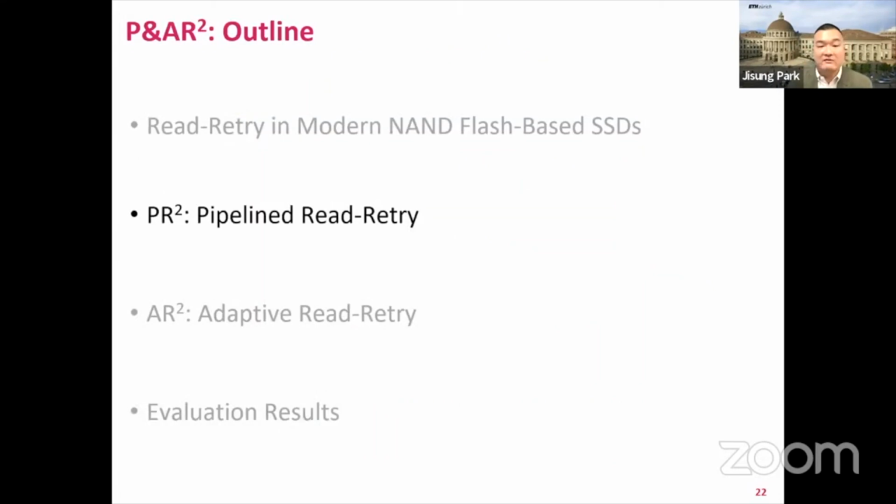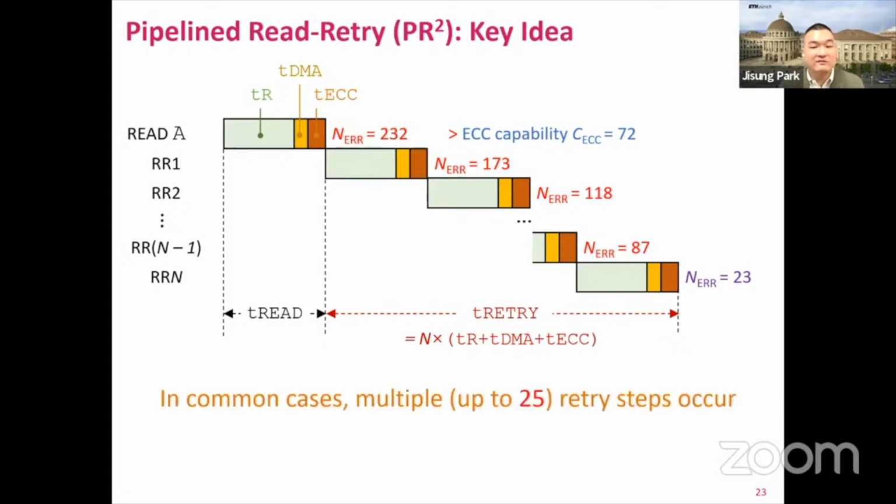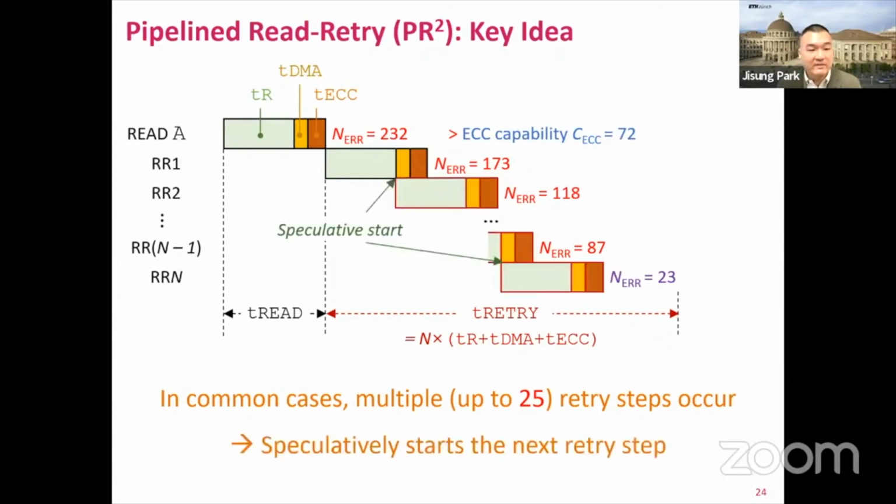Okay, now let me introduce our key ideas to reduce the read-retry latency. Our first observation is that in the common case, once a read fails, multiple read-retry steps are required for correctly reading the page. So our first key idea, which we call pipelined read-retry, or PR² for short, is that instead of waiting for the ECC decoding of each retry step, we start the next step as soon as the sensing operation at the chip is finished, speculating that the next retry step will likely be needed.